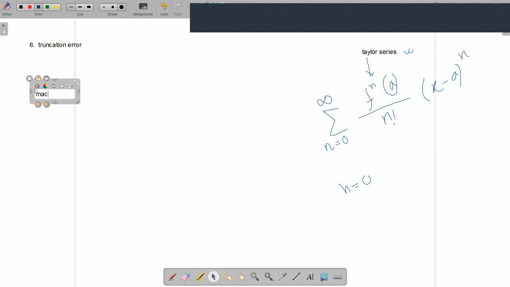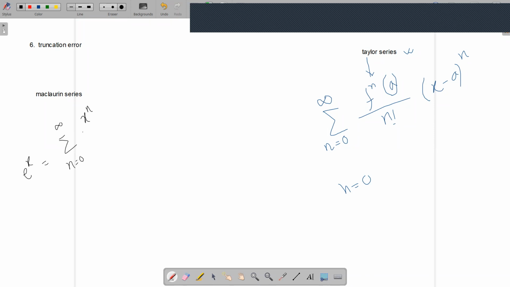Maclaurin series. Let's say one common series is e to the power x, the exponential. I want to sum up for n equals 0 to infinity, where a equals 0 for the Maclaurin series.